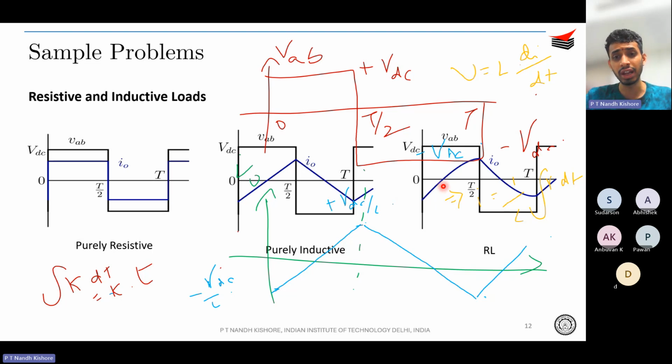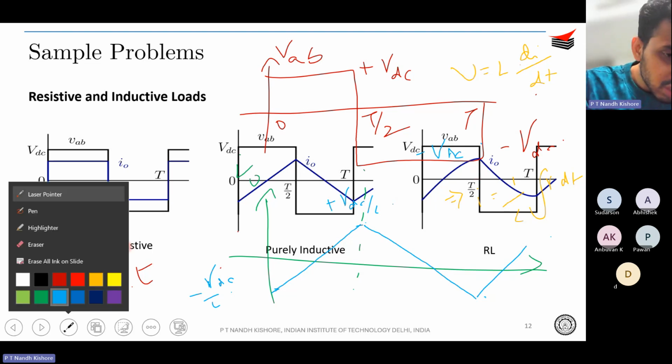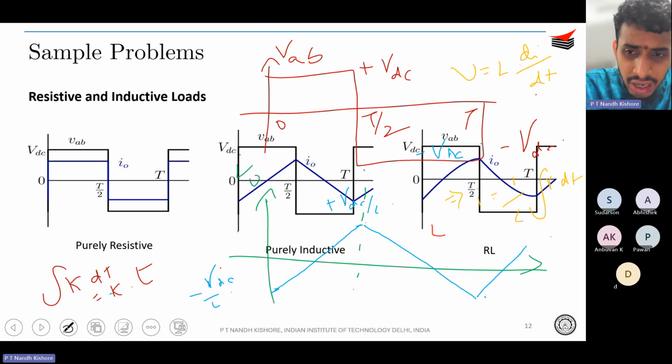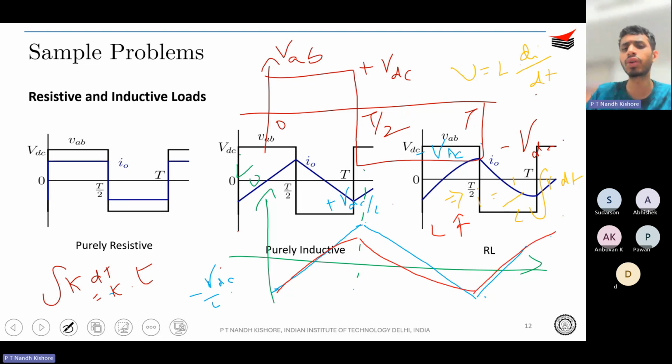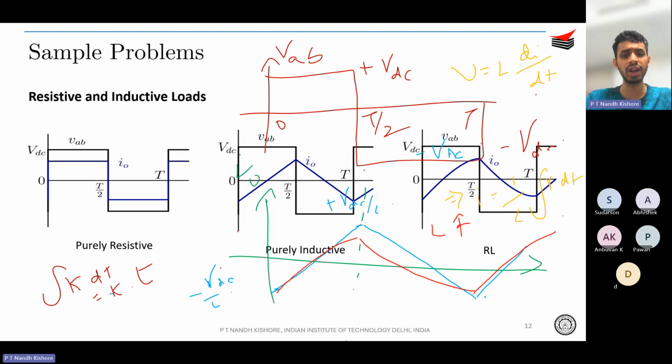If your L is very large, I'll just write it down, you can assume that it will be something like this. So this is almost a triangular wave, right?